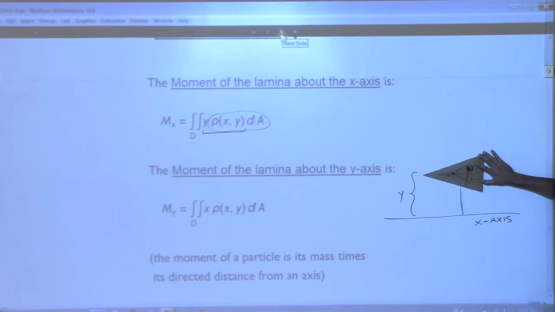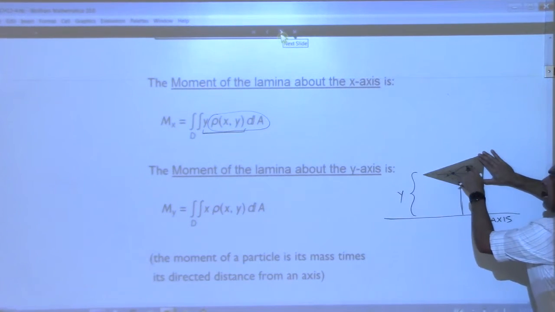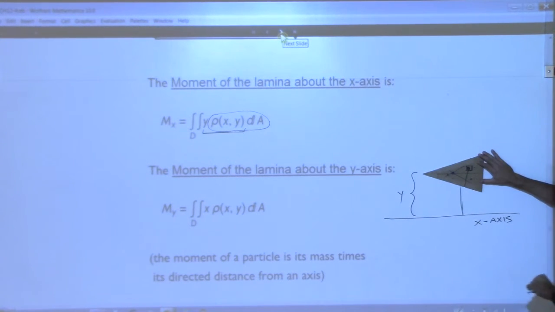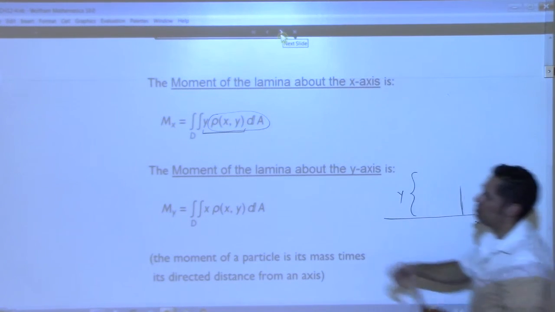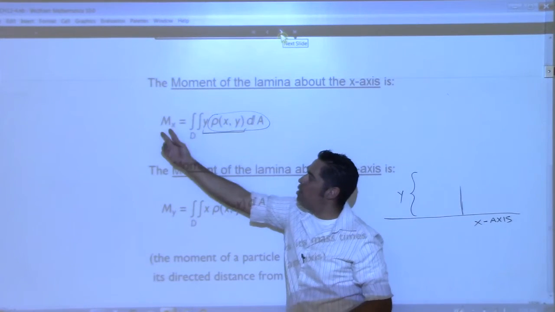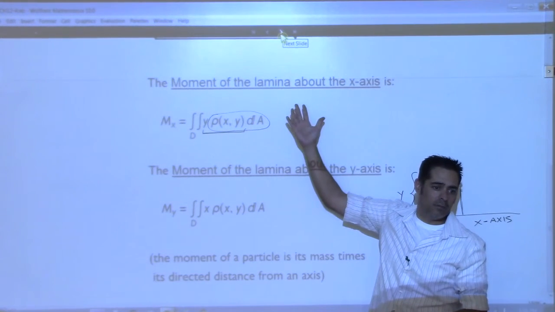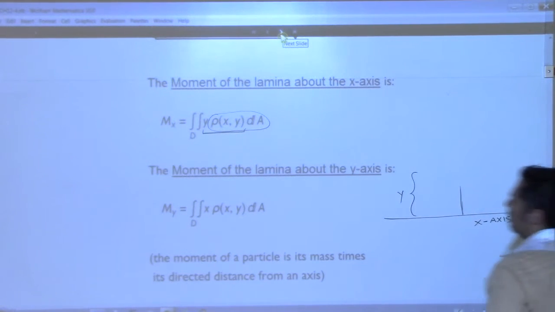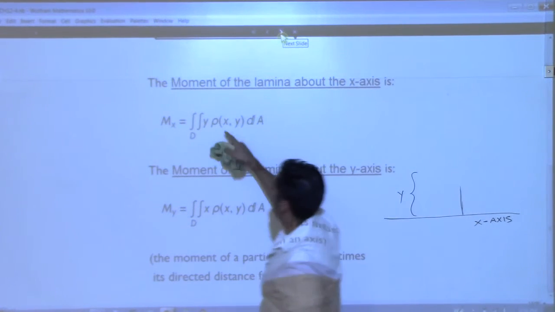By definition, if you take a particle's mass and multiply it times the distance from that mass to the x-axis, that is the moment about the x-axis. And if you add them all up, that's your double integral, you get the moment of the entire lamina. So our calculation for the moment is this, about the x-axis.